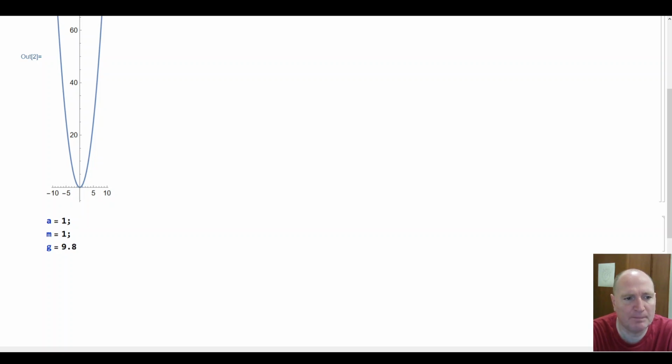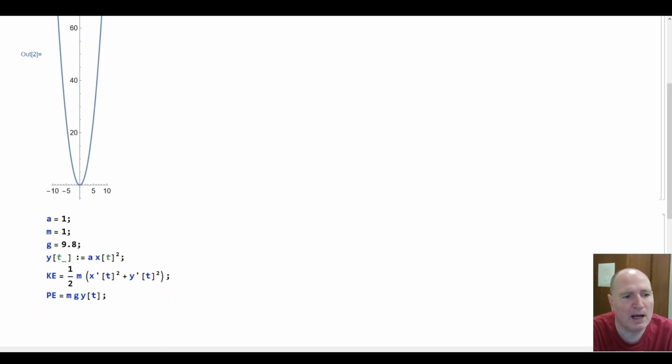I'm going to say y of t is a times x of t squared. And then the kinetic energy is 1/2 mass times x prime of t squared plus y prime of t squared, like so. And the potential energy is just going to be mg times y of t.